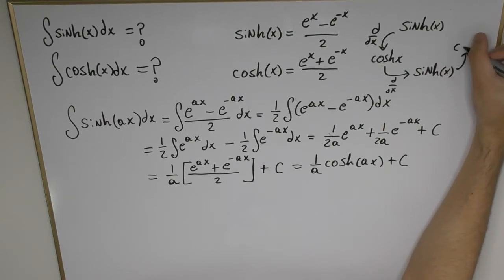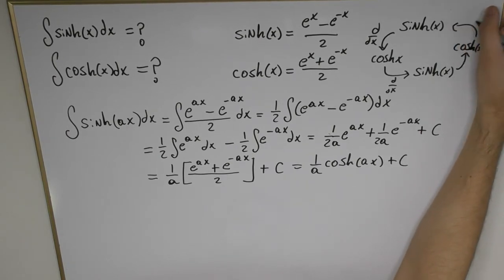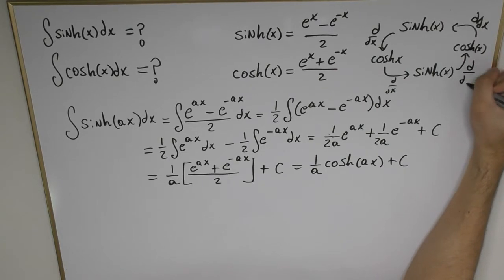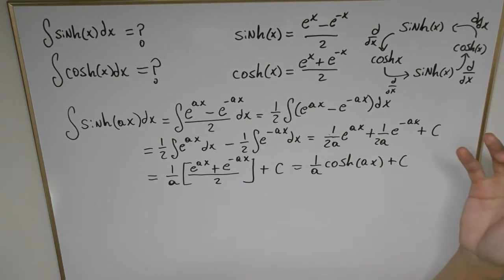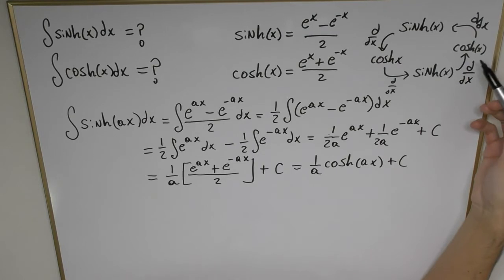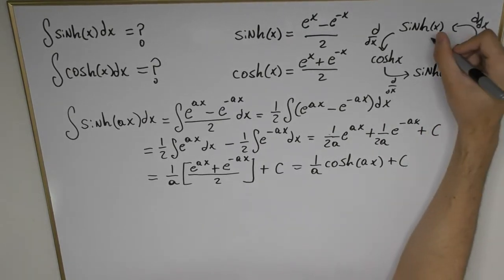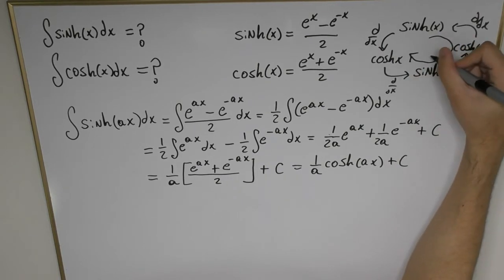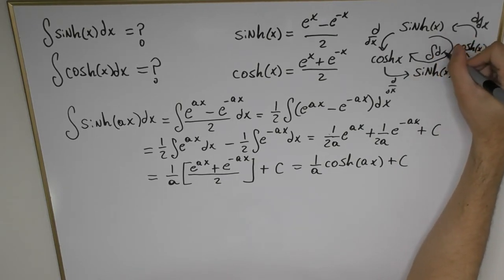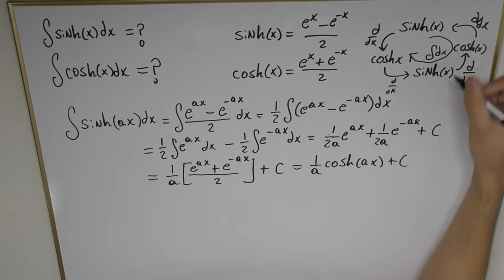And then the cycle goes around like this. So you always end up with the same function again every time you differentiate. And this is quite similar to what we get with the trigonometric functions sine and cosine, except there's no change of sign during that entire cycle. So it kind of makes sense that if we go around the other way to perform an integral operation, we would be able to get the other function.